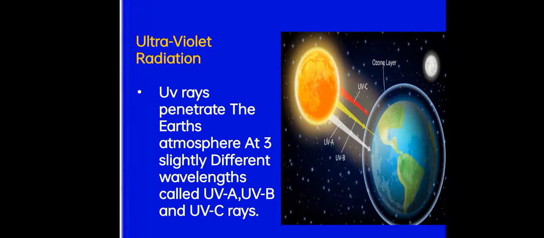Sa UVB rays naman is cause sunburn, cataract and immune system damage. And sa UVC rays is the most dangerous, absorbed by our ozone layer. Okay, did you get my point?